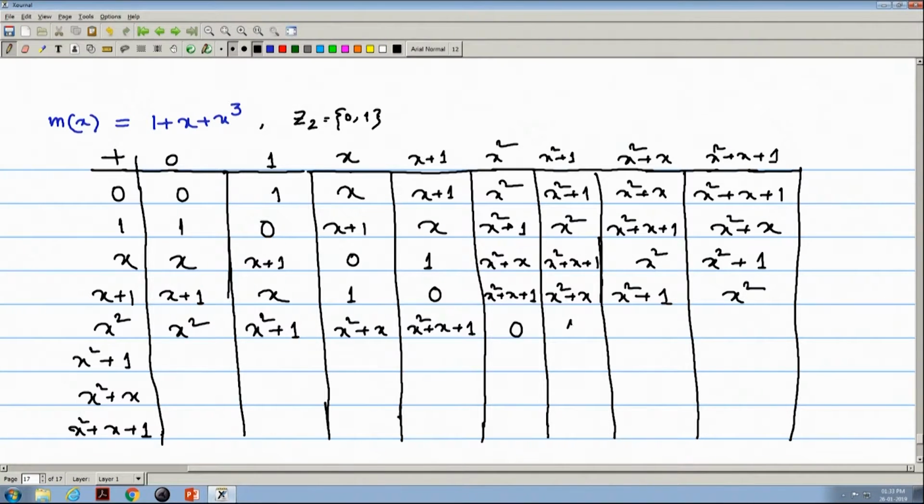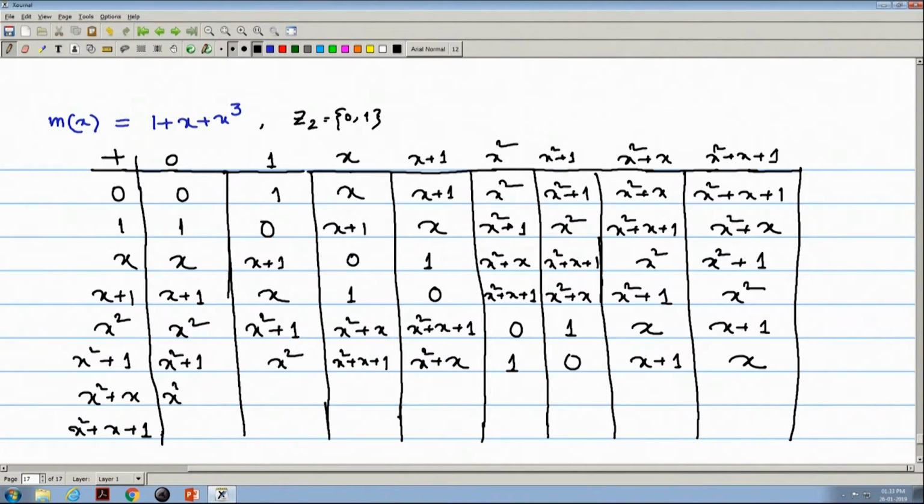This becomes 0, this becomes 1, this becomes x, this becomes x plus 1 because x square plus x square is 0. This is x square plus 1, this is x square, this is x square plus x plus 1, then this is x square plus x, this is 1, this is 0, this is x plus 1, and this is x.